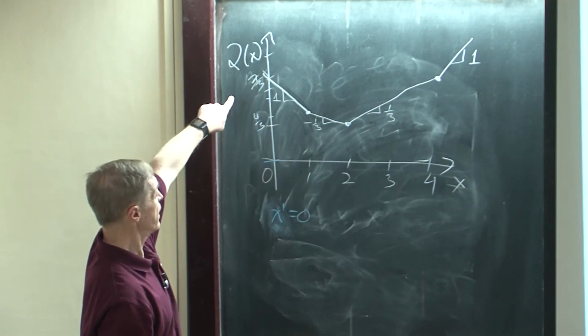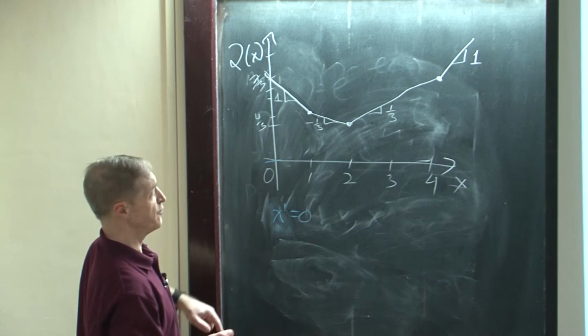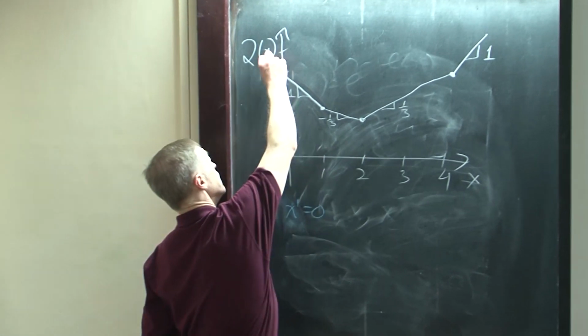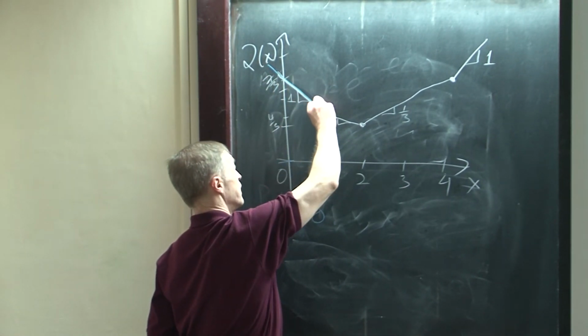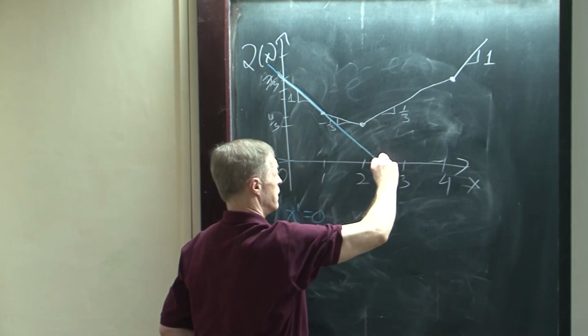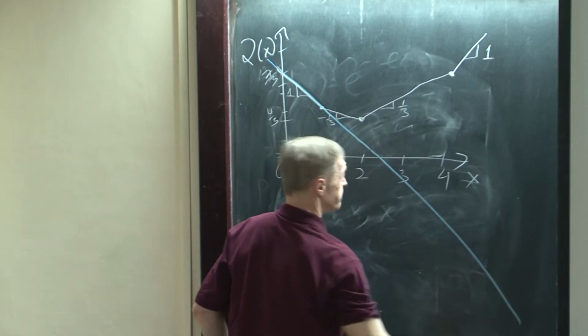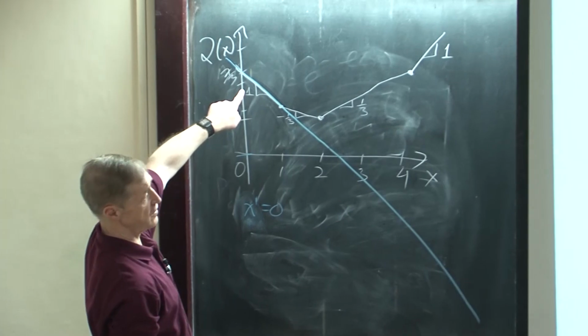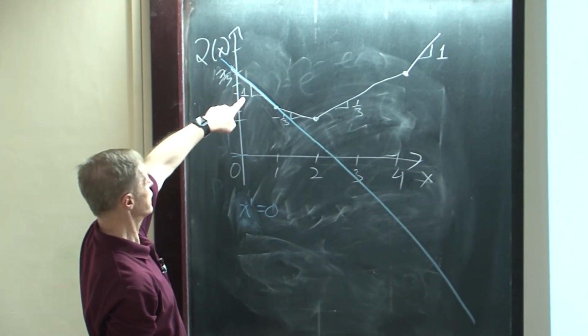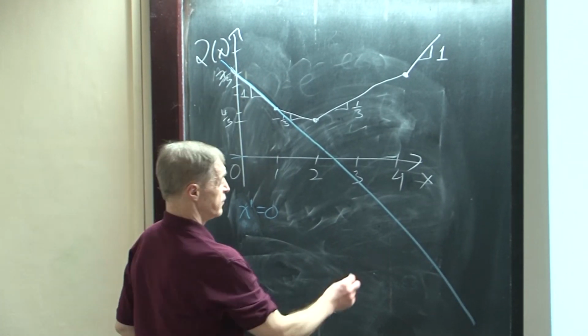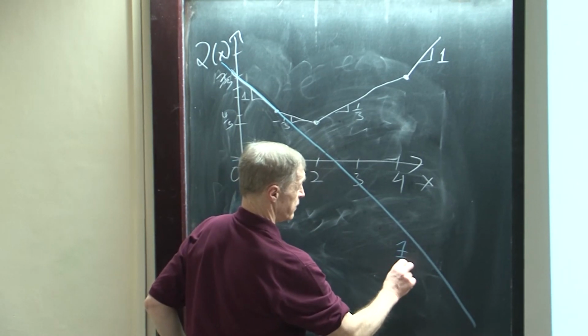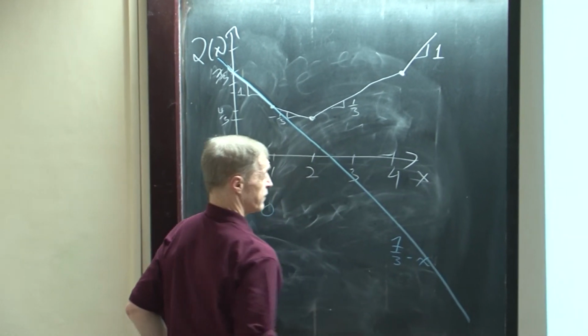So I add in a constraint. The first thing I'll do is to add in this constraint, which we'll go through like that. So this line is 7/3. The slope is -1. So this is 7/3 minus x.